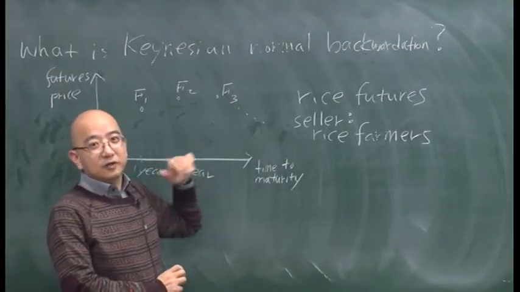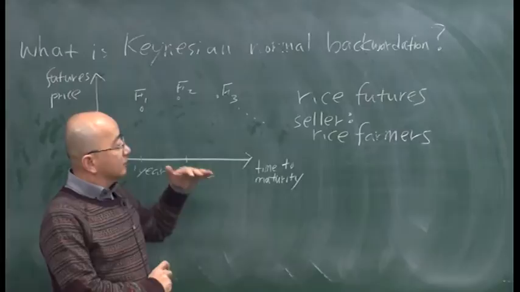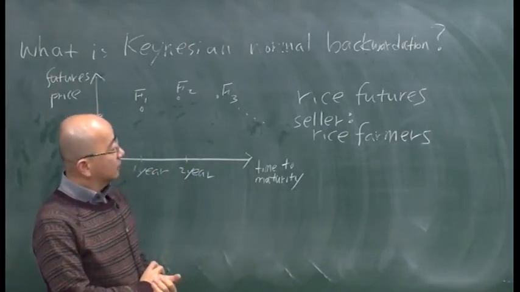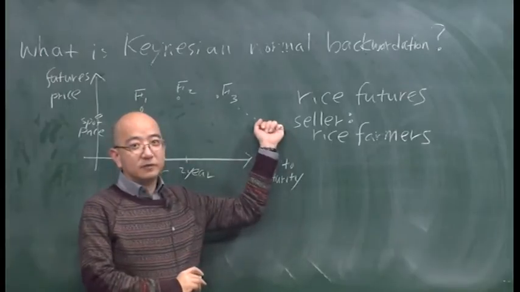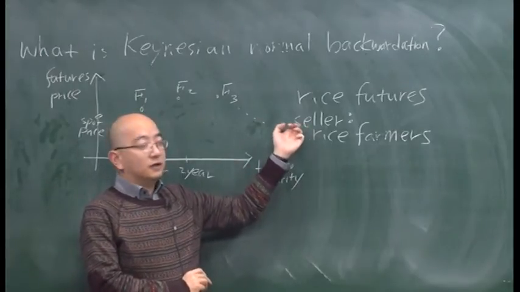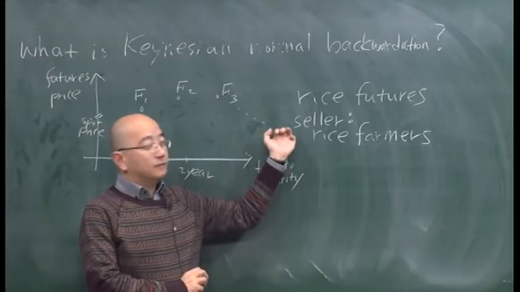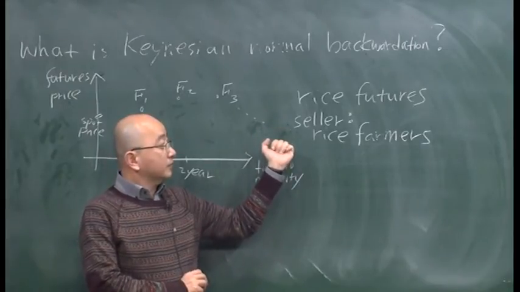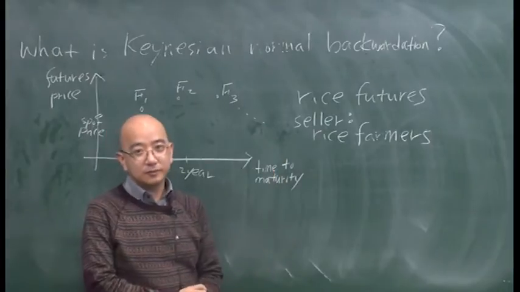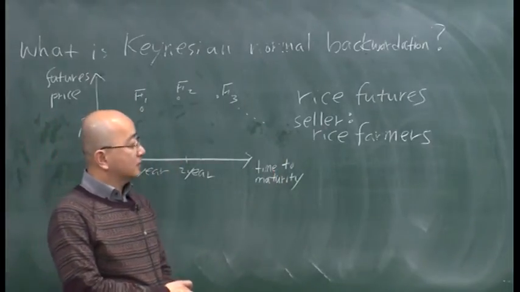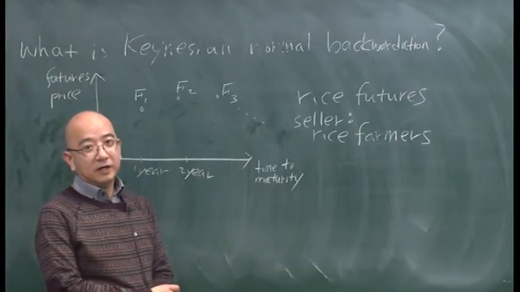If you buy insurance, you have less uncertainty, less fluctuation in your income, so you have less risk. Similarly, rice farmers take the short position, they agree to sell in the futures market, and by taking a short futures position, they are removing their income risk. So for them, it's like buying insurance.